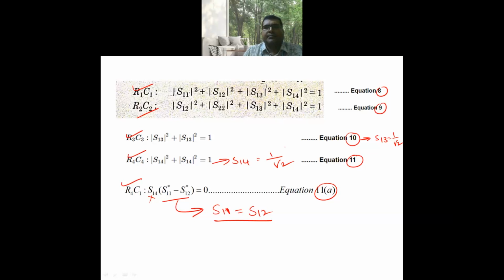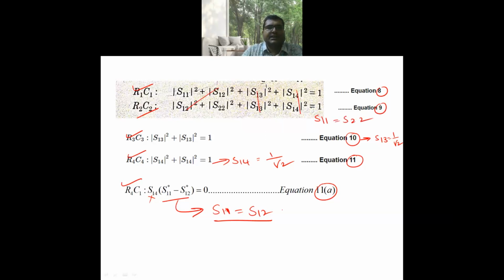Once again, by comparing the first two equations, S14, S13 and S12, we get the interrelation S11 is equal to S22.